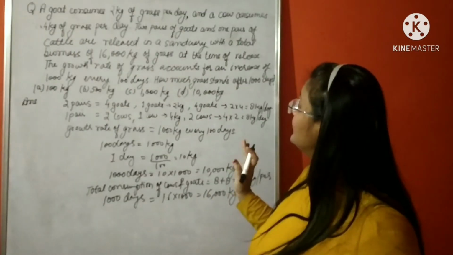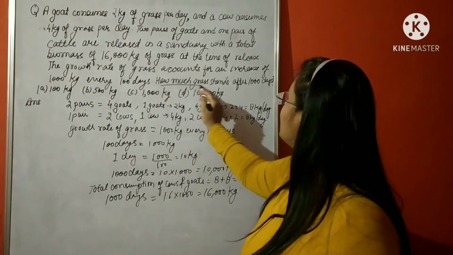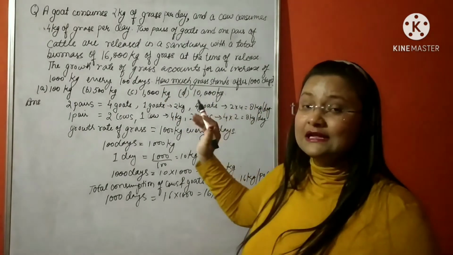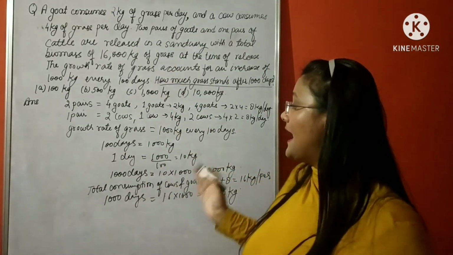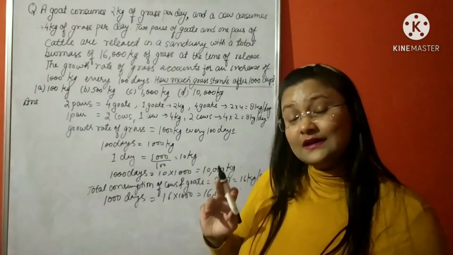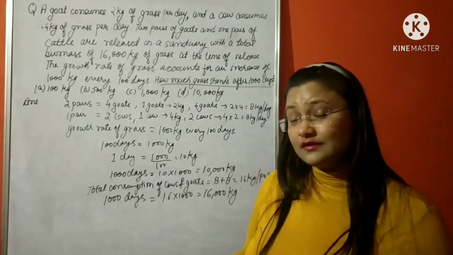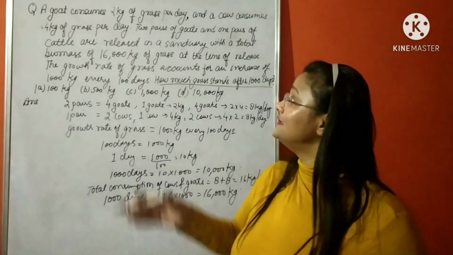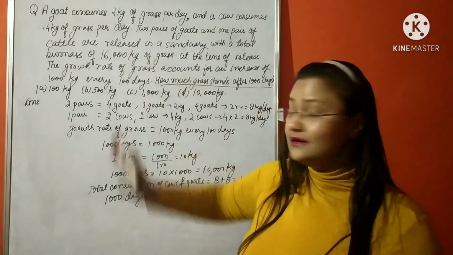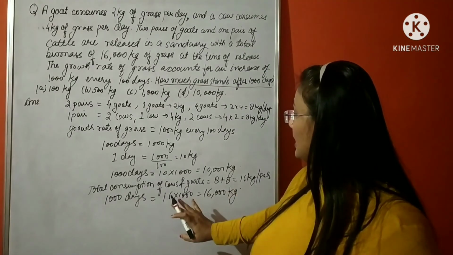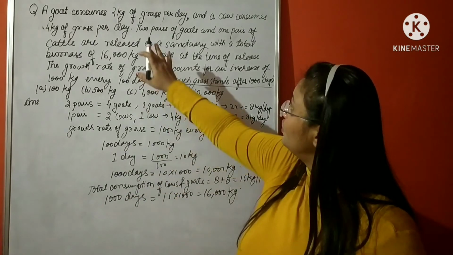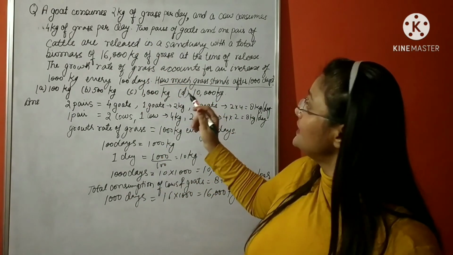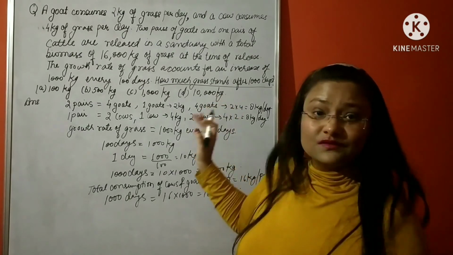Now what they are asking is how much grass stands after 1000 days. That means the total increase minus the amount of grass that has been consumed by these animals like cows and goats. So what is the total grass?